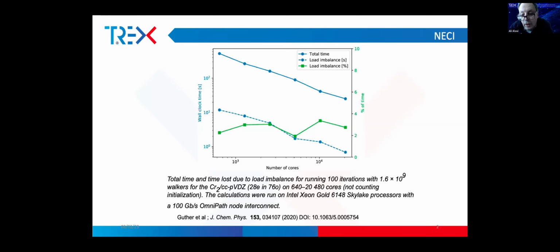And the amount of time that's lost due to load imbalance is on the order of a few percent, which is quite small. I think I will stop there. I think Pablo will later on in this webinar show some actual calculations using NACI.